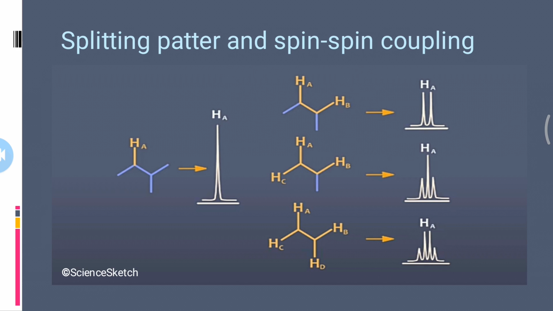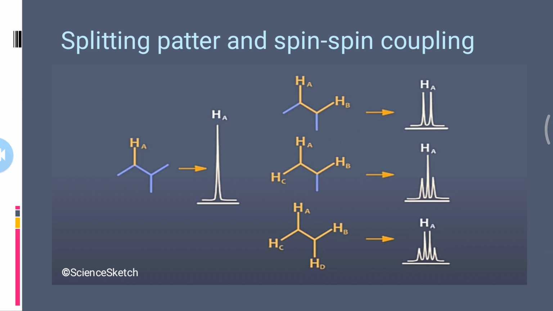HA has one neighboring proton, so HA interacts with HB or HB interacts with HA, giving a different splitting pattern. If HA interacts with HB, it gives two signals. This is the example of one neighboring proton.